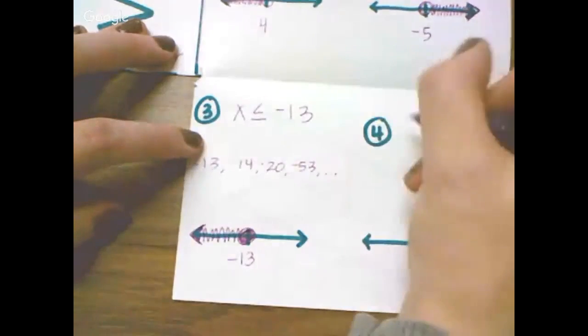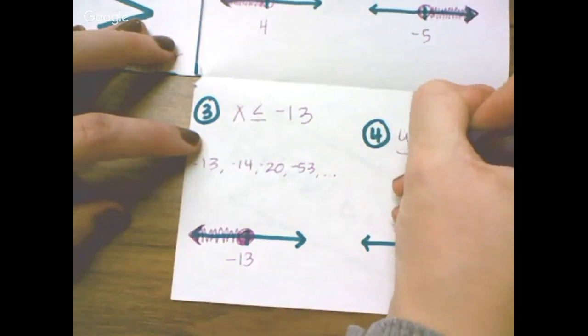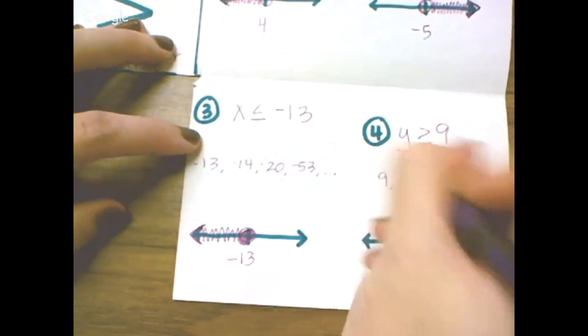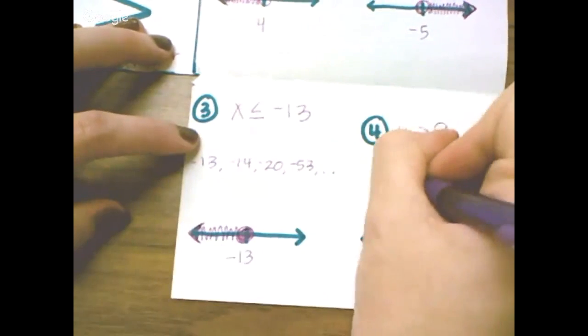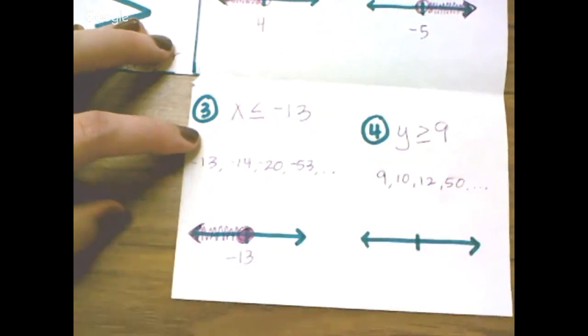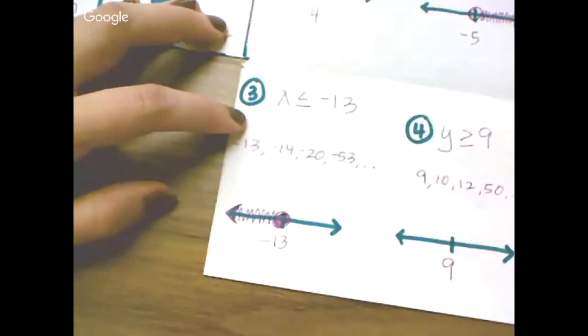Now let's say I have y is greater than or equal to 9. Because of the equal sign, it could be equal to 9, and then anything greater, so 10, 12, 50, anything that's larger than 9. So in my number line, I have my starting value of 9.